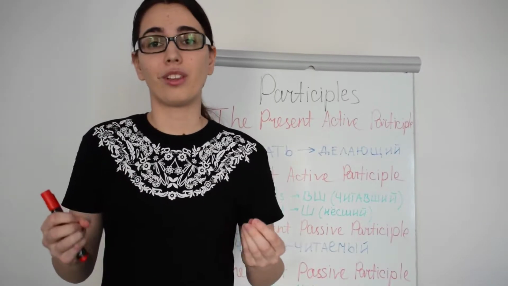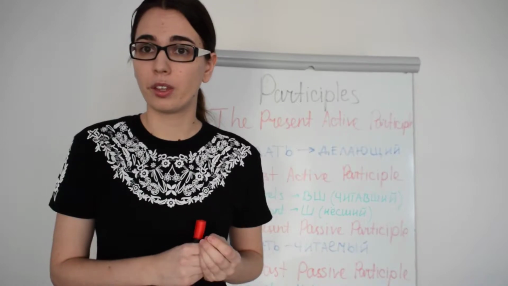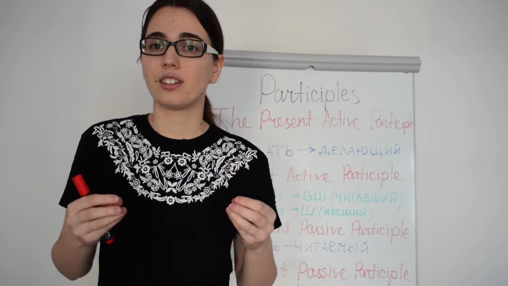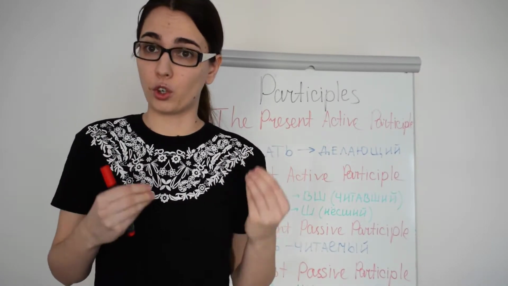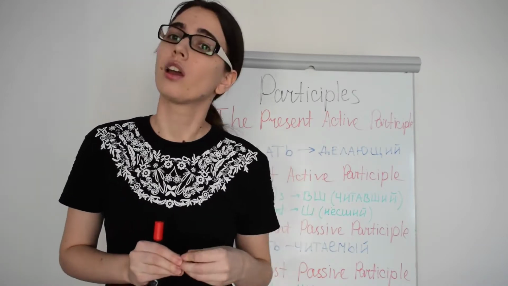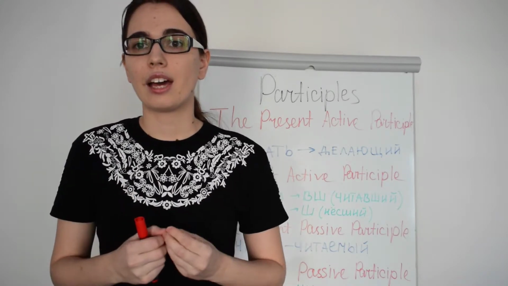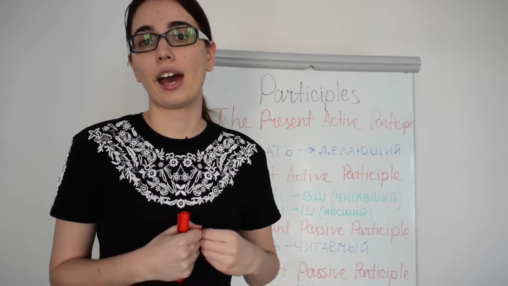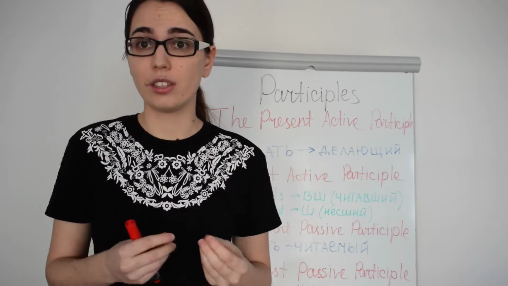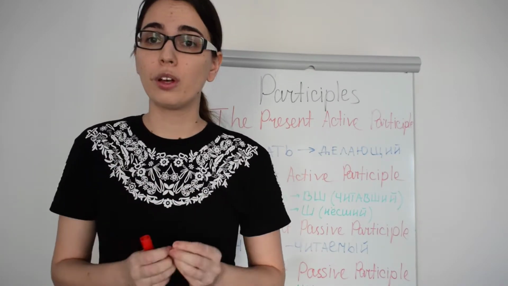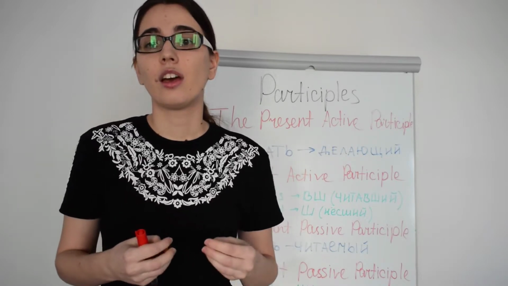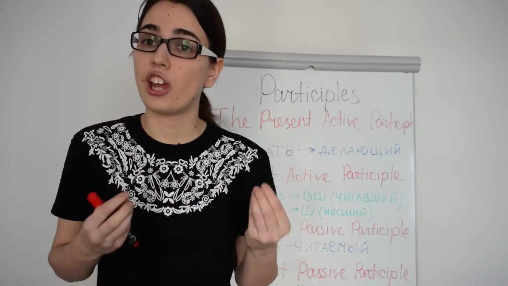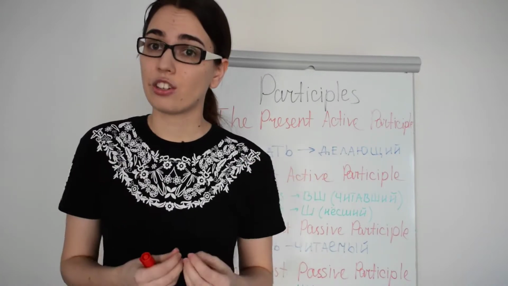The participle is a special form of the verb because it combines the qualities of the verb and the adjective. For example, it has tense, aspect and voice, the qualities of the verb, and it has case, number, and gender, the qualities of the adjective.